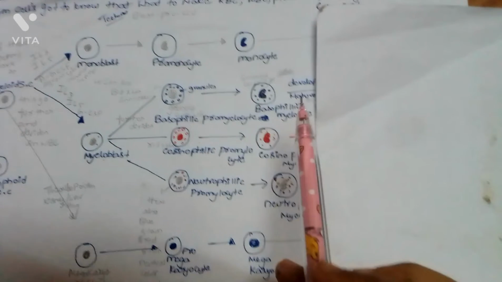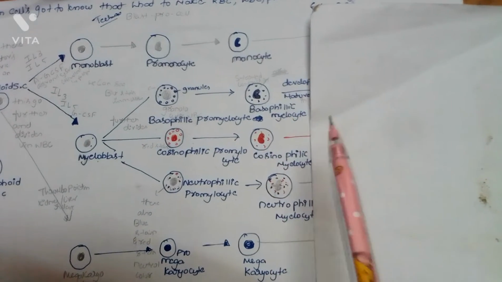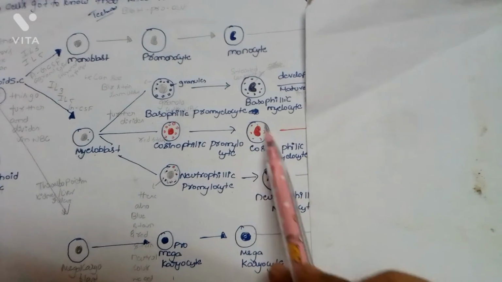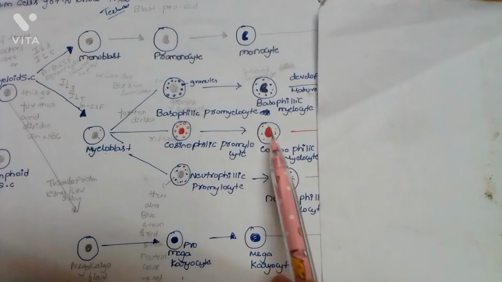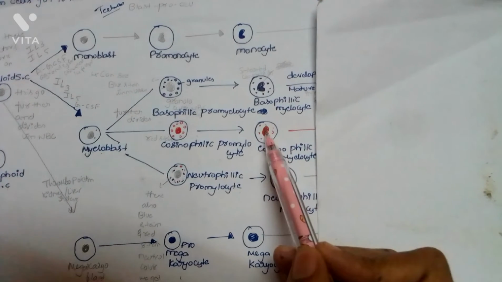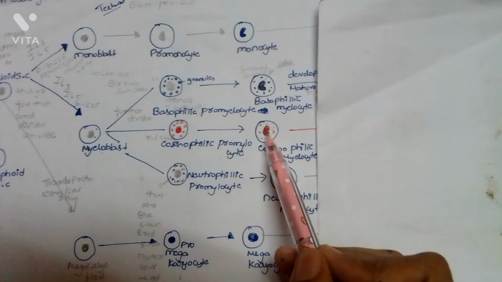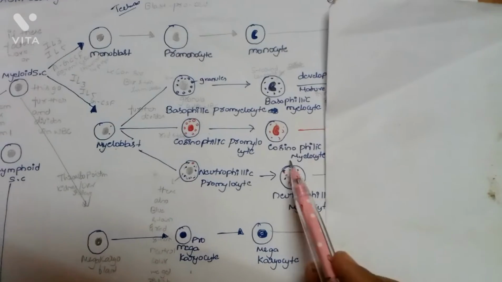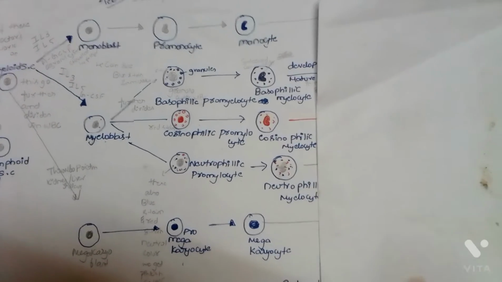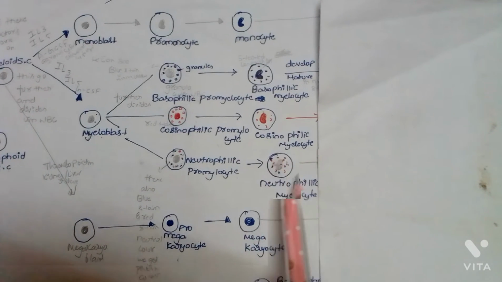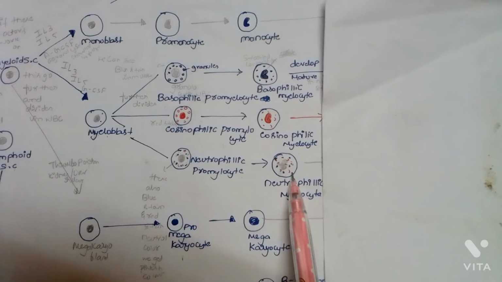This we can call a basophilic myelocyte. The one with red stained granules and a different nucleus is the eosinophilic myelocyte. The third one has red and blue stained granules.